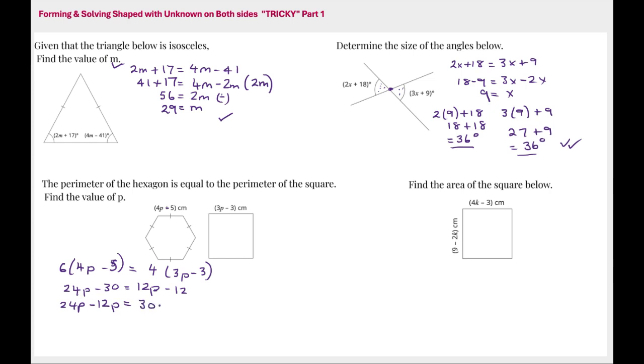So it's going to be 30 minus 12. So what we have left is 18 and 12p. So it's going to be 18 over 12, p equals 1.5. So the answer is 1.5.